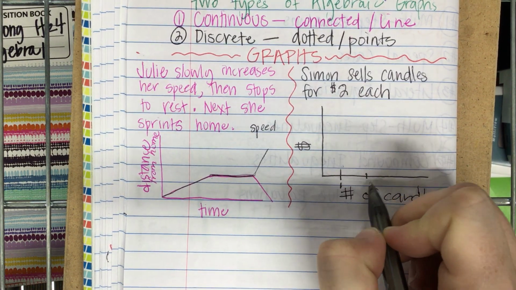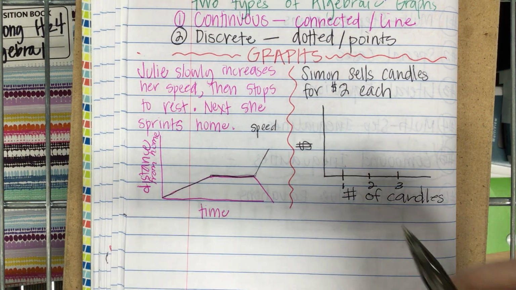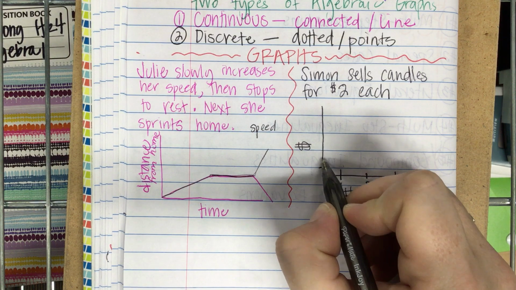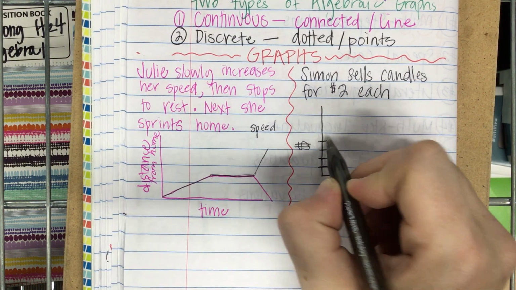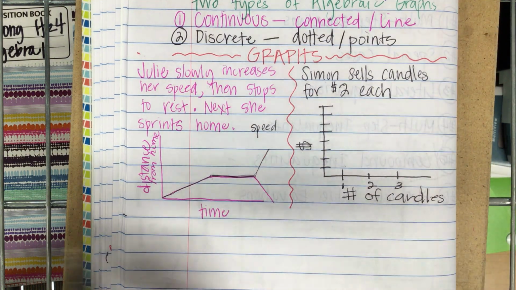And 1 candle, 2 candles, 3 candles. 1, 2, 3, 4, 5, 6, 7, 8.